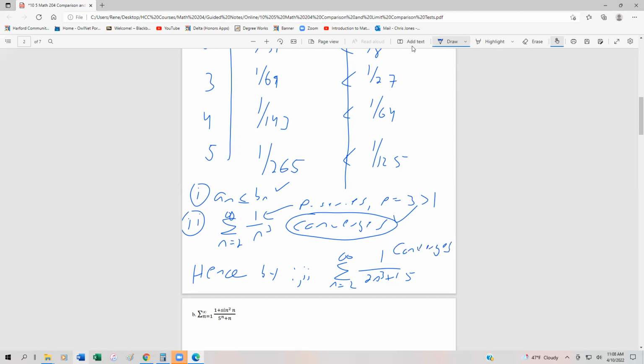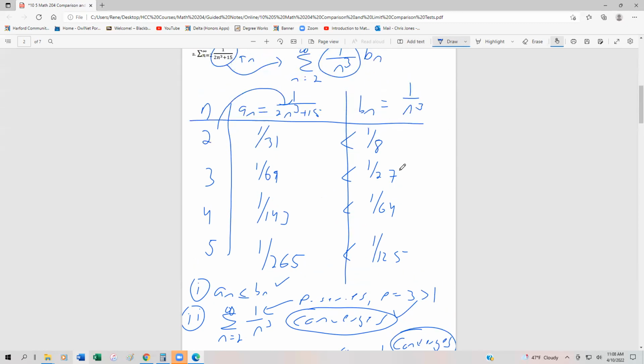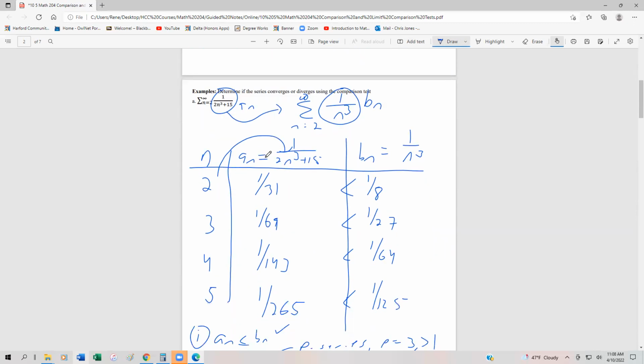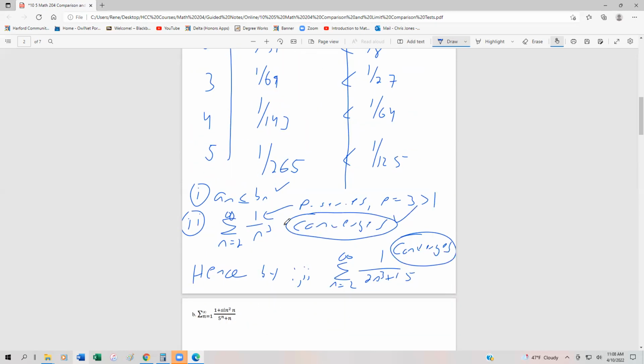So again, when you're doing these problems, the first thing you want to do is determine a series that's comparable. Next, you go through and compare the terms in the series to see if they're getting smaller or bigger. Then finally, determine the behavior of the compared series.